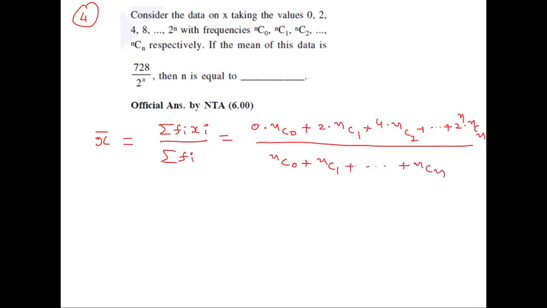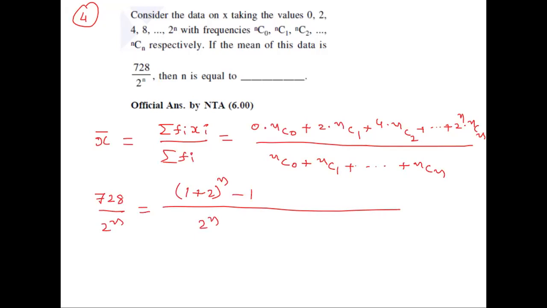nCn. Now this value is already given as 728 by 2 power n, and the numerator is in the form of 1 plus x whole power n, but in place of x take 2. So finally that is 1 plus 2 whole power n, but the starting term is missing, nC0, so write minus 1. The denominator is 2 power n.